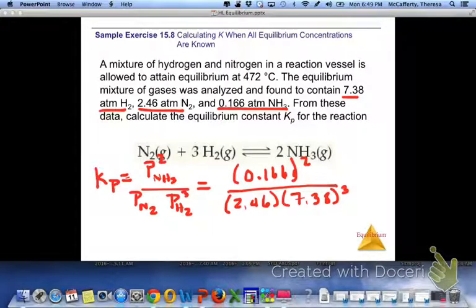So putting that in my calculator, I get Kp is equal to 27.9.